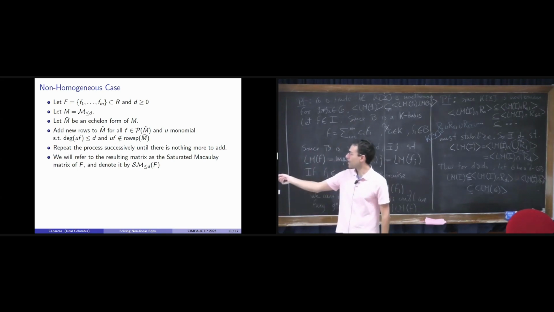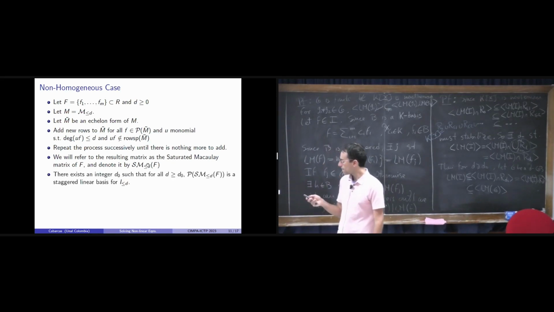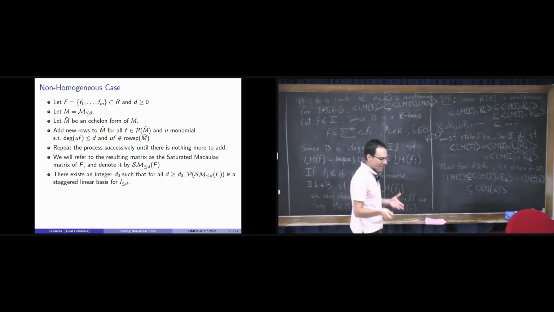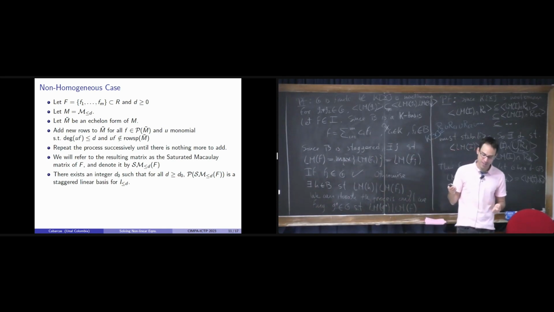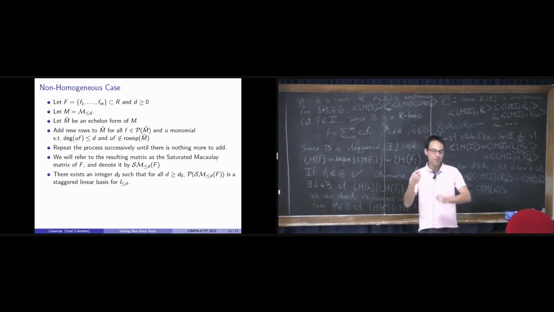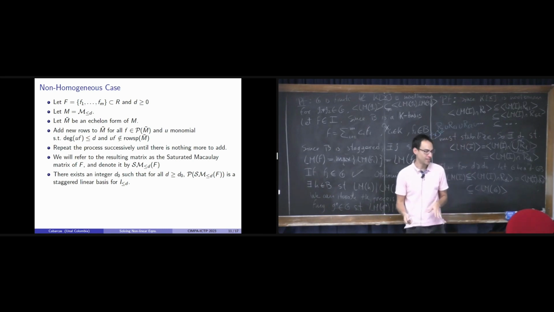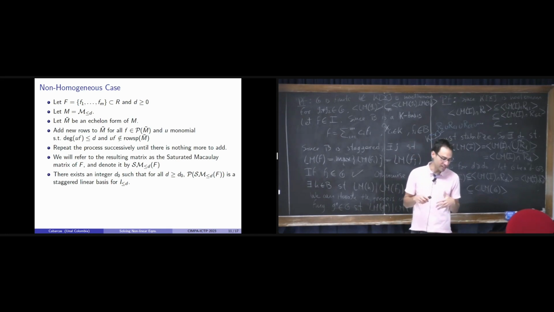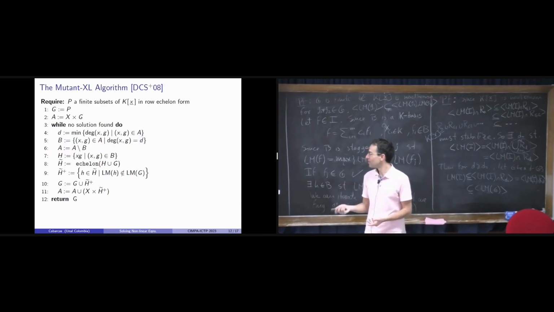We will denote it as SM less or equal to D of F. And it so happens that there exists an integer D0 such that for every D larger or equal to D0, the polynomials in the saturated Macaulay matrix is a staggered linear basis for the ideal up to degree D. So this actually leads to a staggered linear basis and eventually to a Groebner basis, therefore.